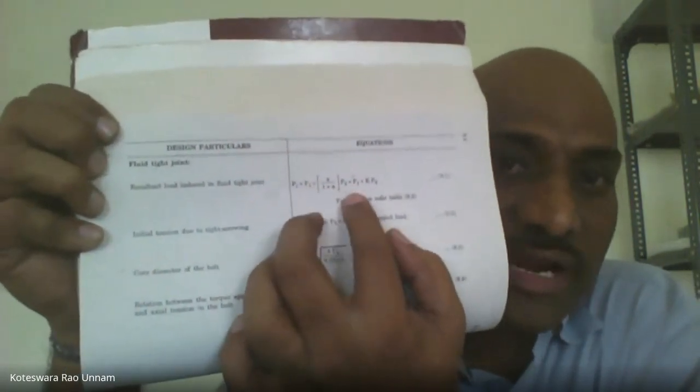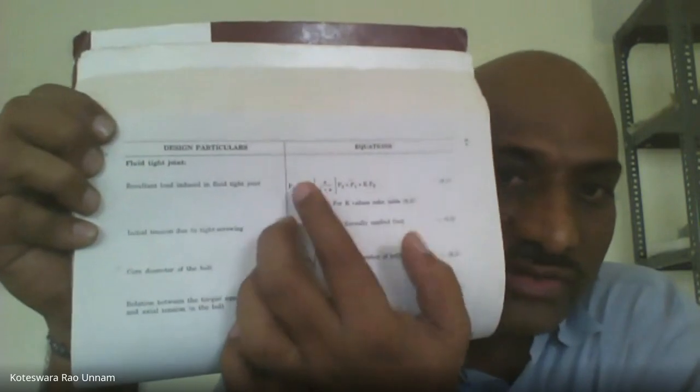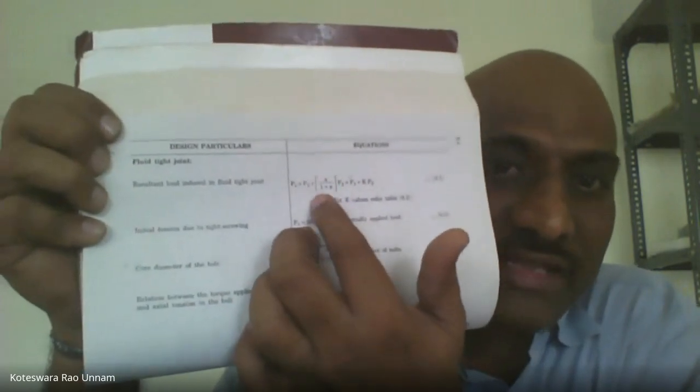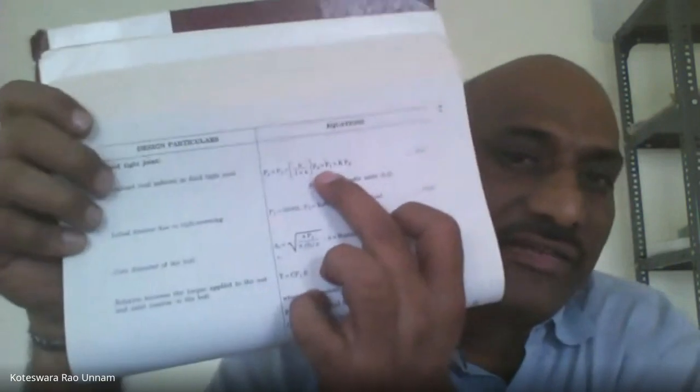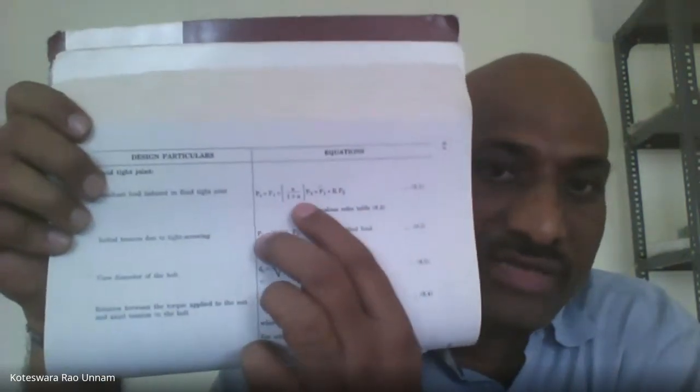You have a formula to compute the resultant load. In this, A is unknown. What is A? All those things he has given in table form. I will show you that also. Here you can see that it is given as A by 1 plus A into P2.